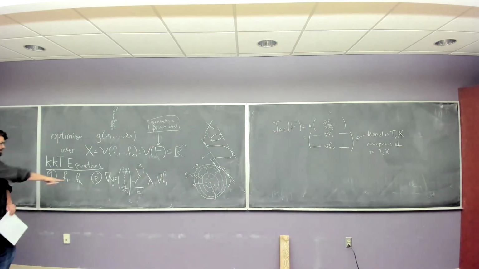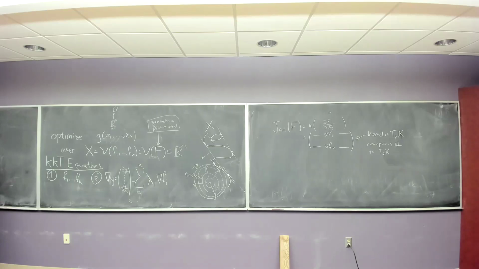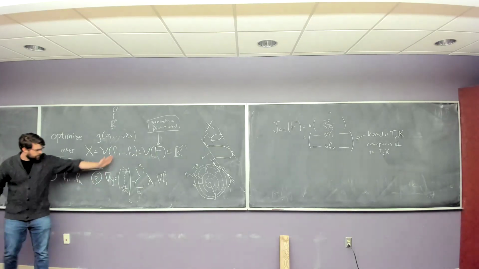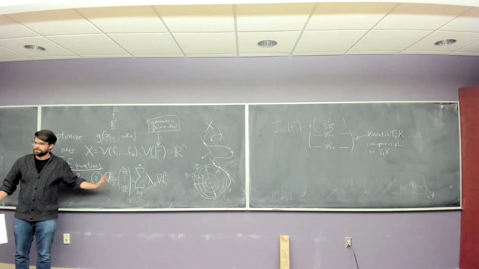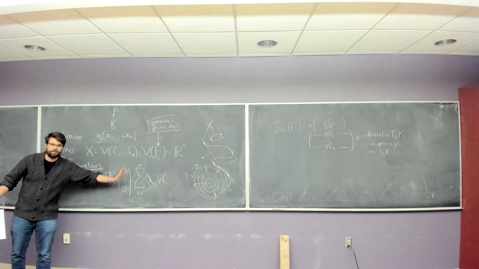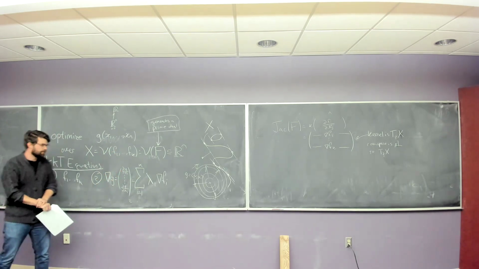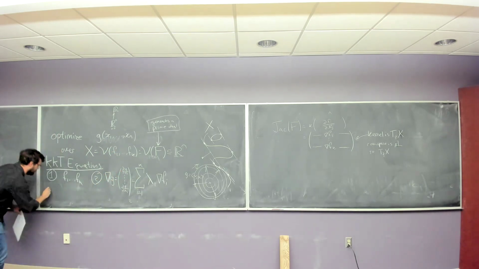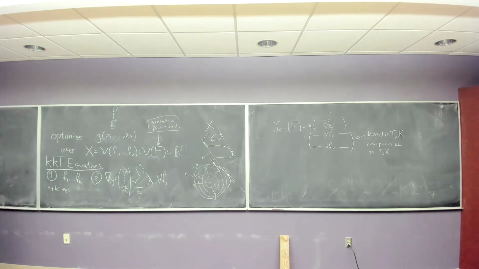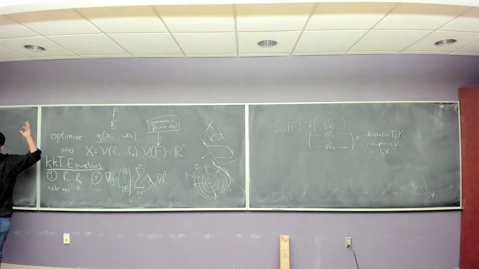How many equations are there in total between 1 and 2? A from here and n from here, because this is notationally a shortcut to describe n equations. So n plus a equations. And how many variables? Well, I had n to start with, my xi's.